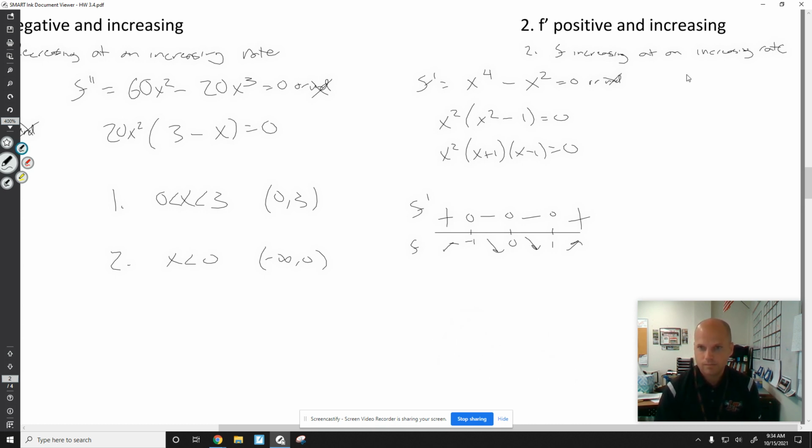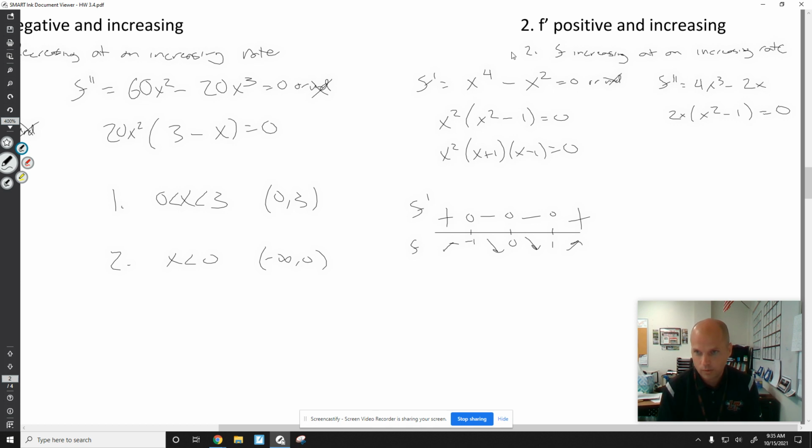Let's double check though. Let's do a sign analysis of f double prime. 4x cubed minus 2x. Great. Factor out 2x.